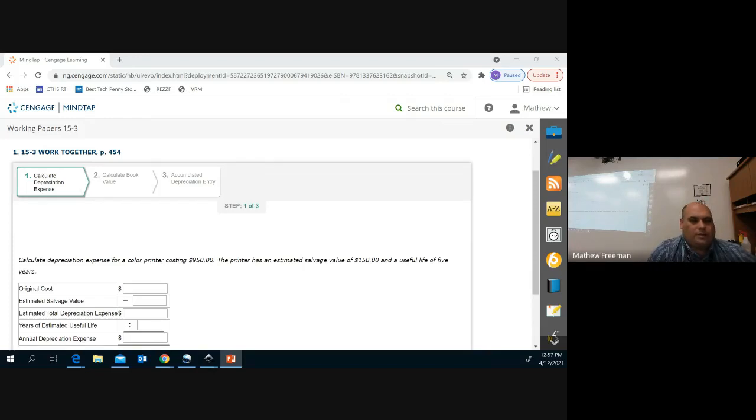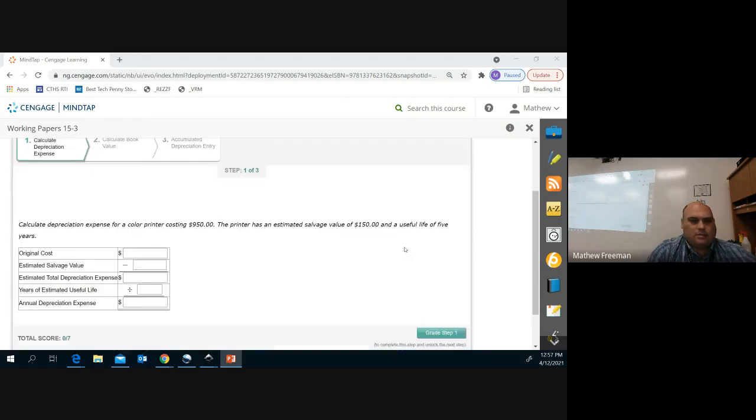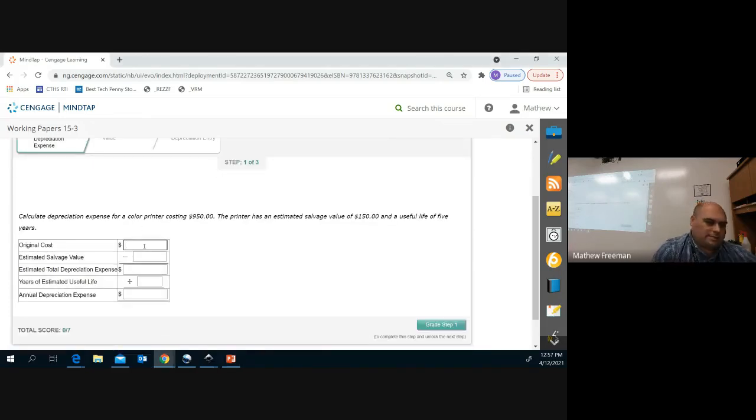So we figured this item lasts us 5 years, so we'll be able to depreciate, or reduce and expense, the usage of this item for 5 years. So we need to calculate that. How's that done? First off, we have to put in the original cost, so that's $950, minus the estimated salvage value. When we get rid of this item and sell it, we expect to sell it for a minimum of $150.